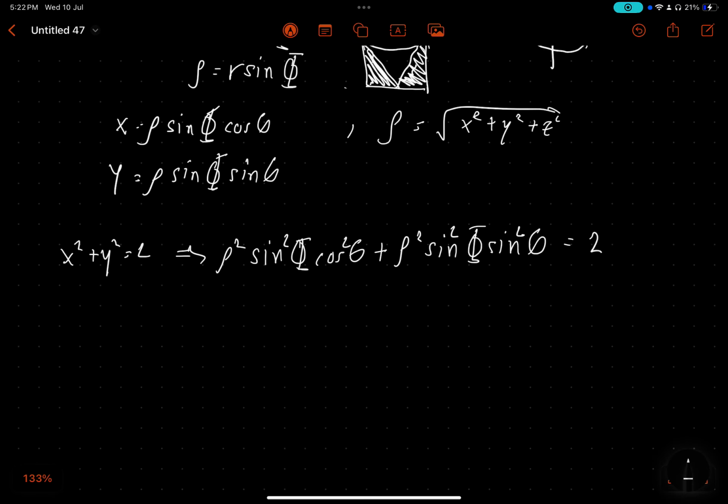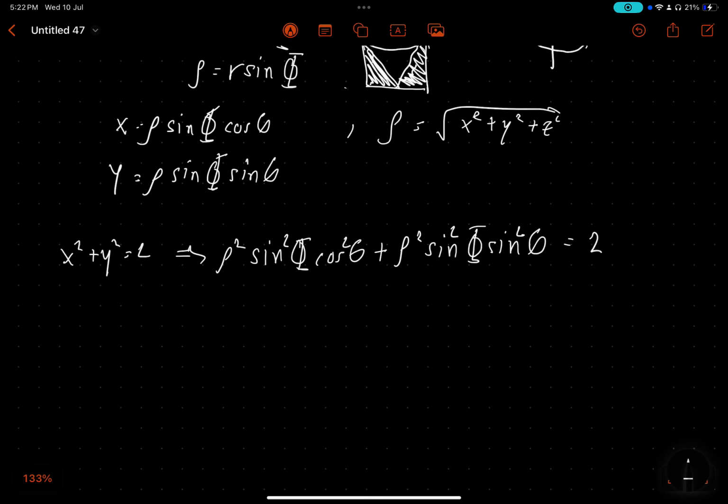Can we simplify? I see that we have rho squared sine squared phi as a common factor, and cosine squared theta plus sine squared theta is 1, so we are left with this. So rho sine phi is just root 2. So that's our first equation.